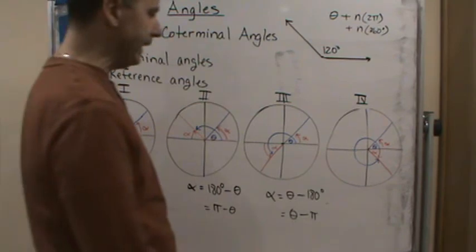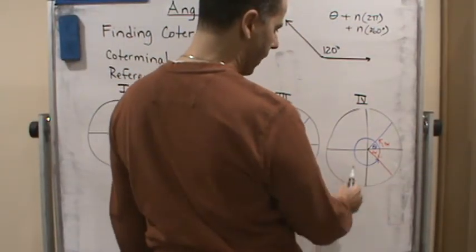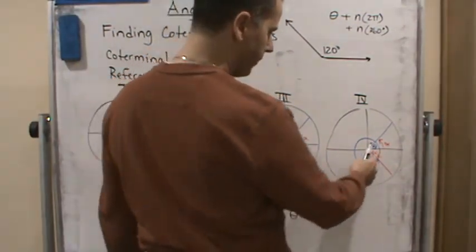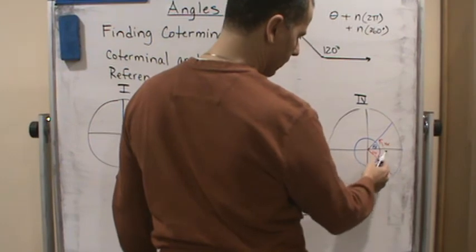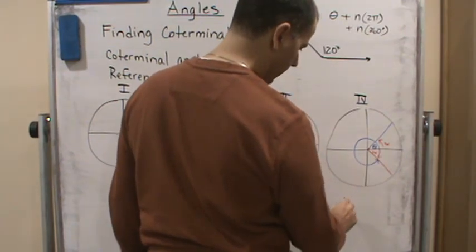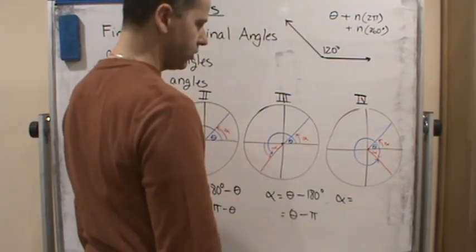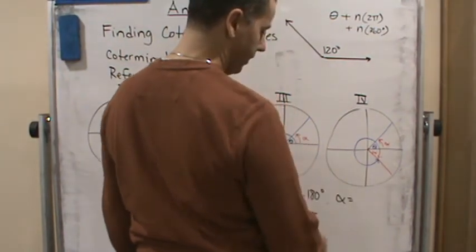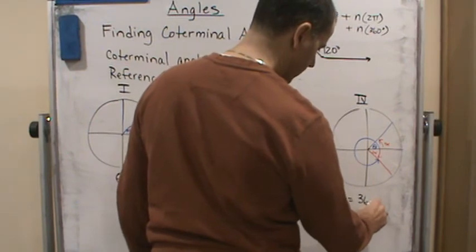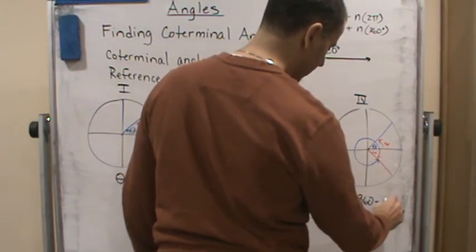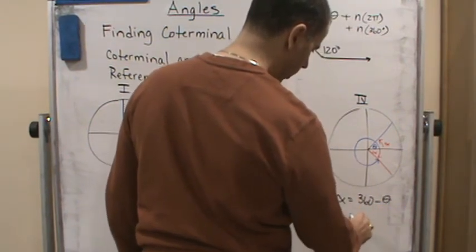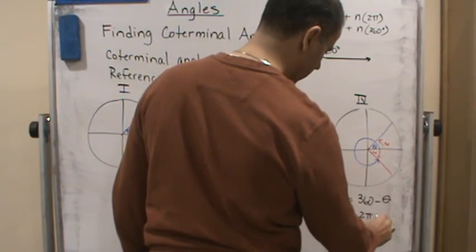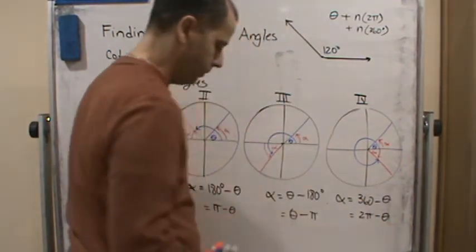And then finally here, I'm in the fourth quadrant, so how do I get my reference angle? My reference angle is now here, so how do I represent alpha? It's going to be 360 degrees minus theta, or 2 pi minus theta.